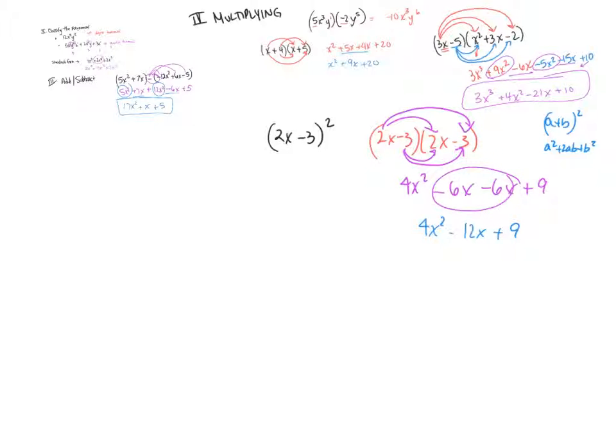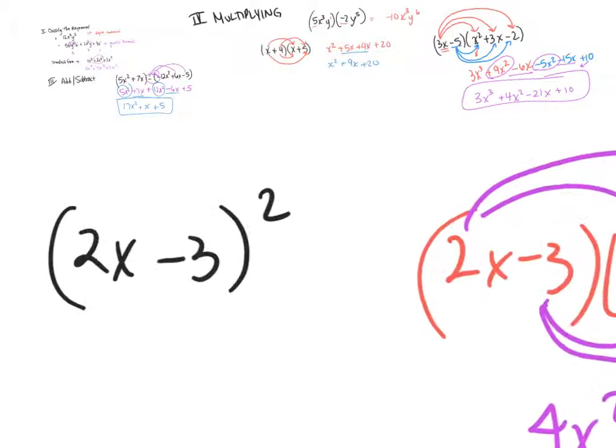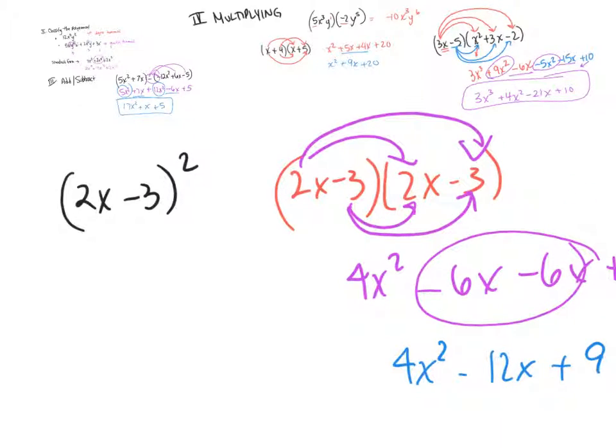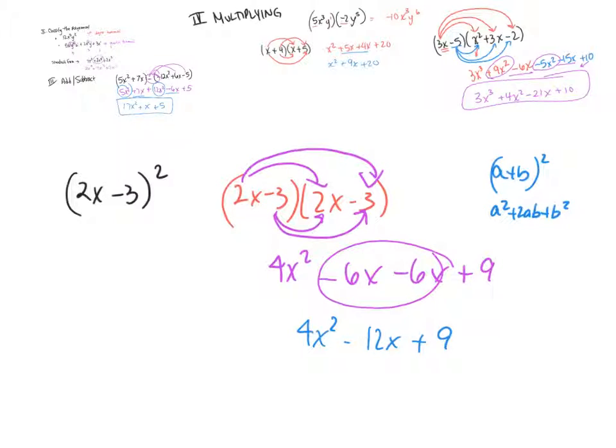You notice that when you're squaring a binomial, you're going to get a trinomial in which the first term of the trinomial, so if we're looking at 4x squared, is really the square of the first term of the binomial. 2x squared is 4x squared.